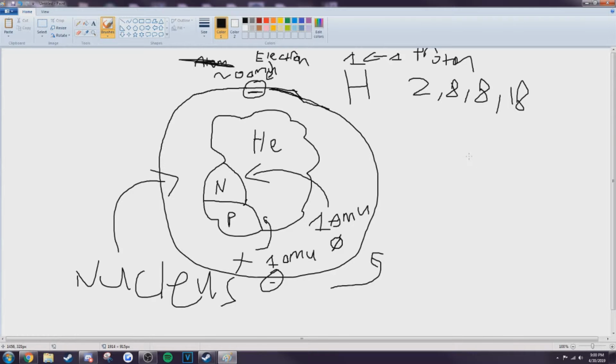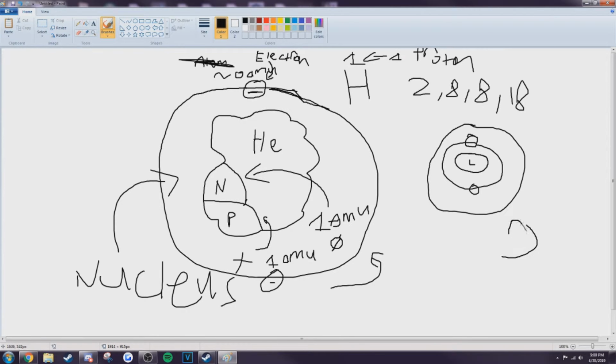But if we had sodium, no, actually, let's do lithium. Lithium is number 3. You see it has 2 electrons, but there's another ring, and this is the valence ring for lithium.